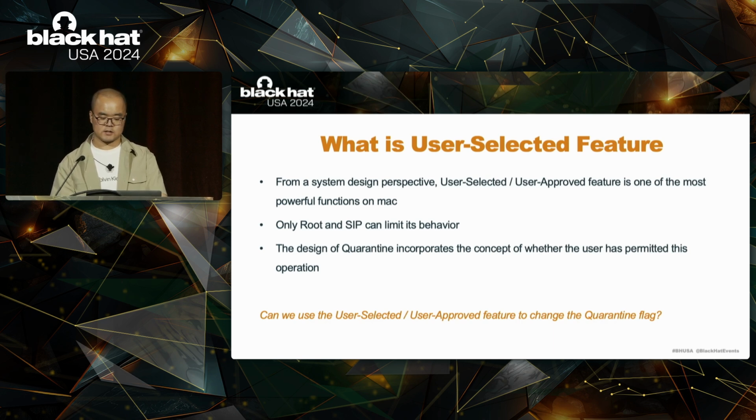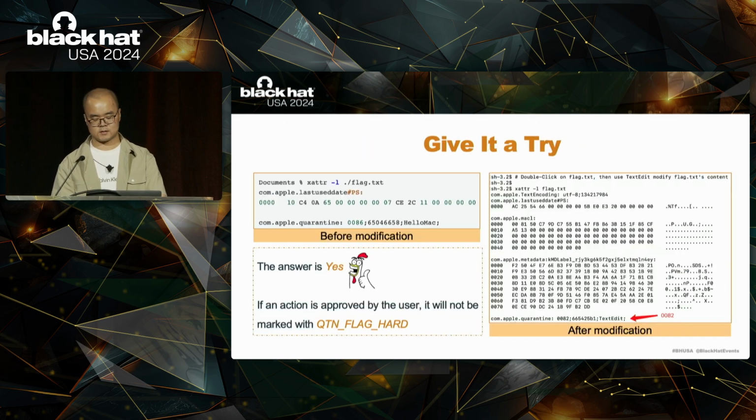And the most important thing is that the design of quarantine incorporates the concept of whether the user has permitted this operation. So, can we use the user-selected feature to change the quarantine flag? Yes. If an action is approved by the user, it will not be marked with quarantine flag hard.